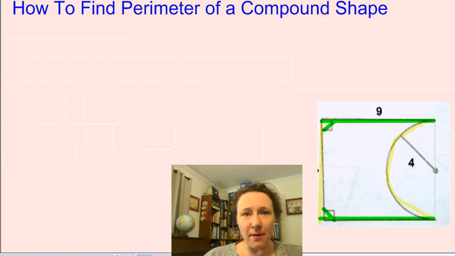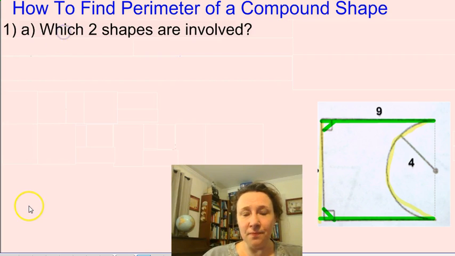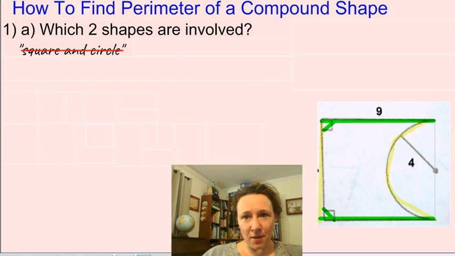So just like in the previous examples, I will ask you to analyze this diagram to find missing information. To guide you, I will ask you, what are the two shapes that I use to compose the given figure? Your answer should not be circle and square. Why?